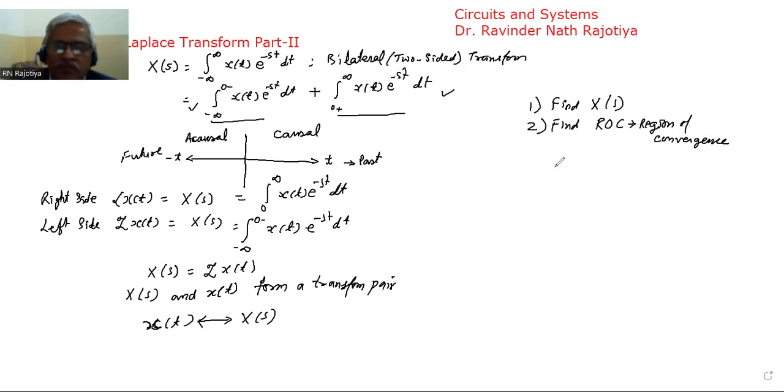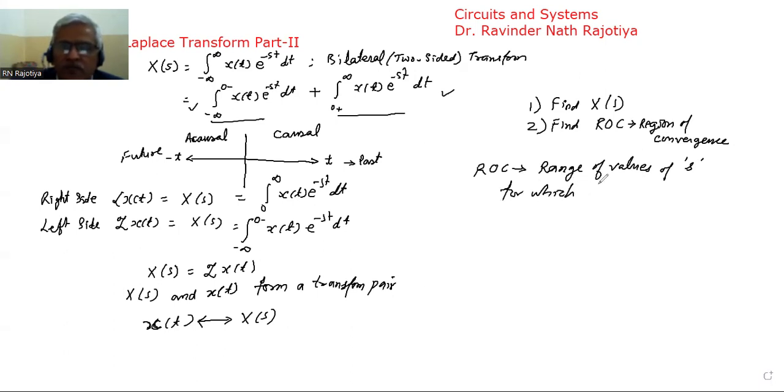So what is this region of convergence? The ROC is defined as the range of values of s for which the Laplace transform converges.